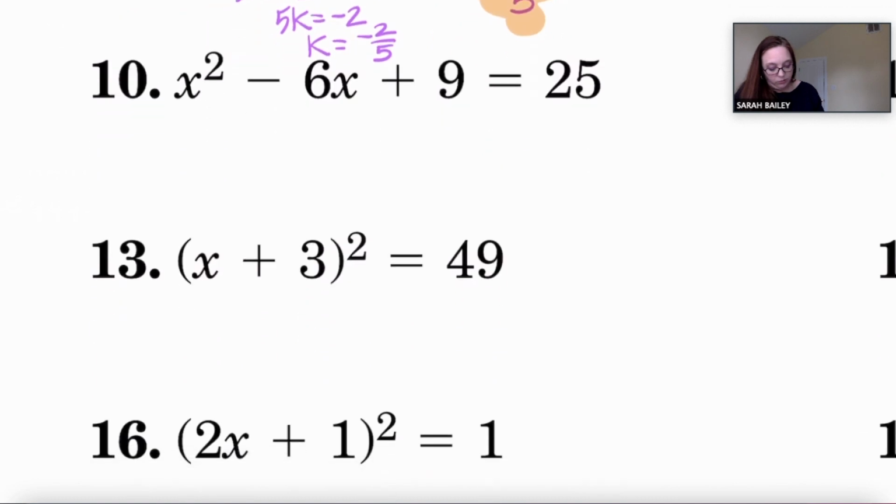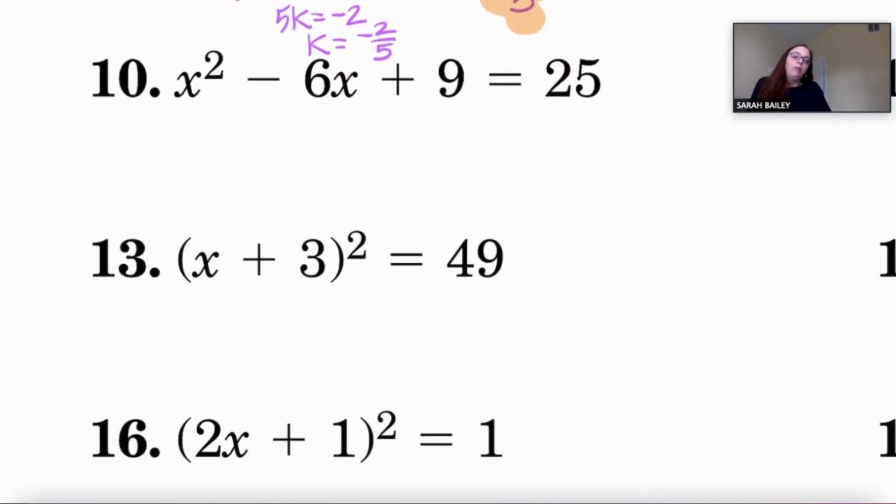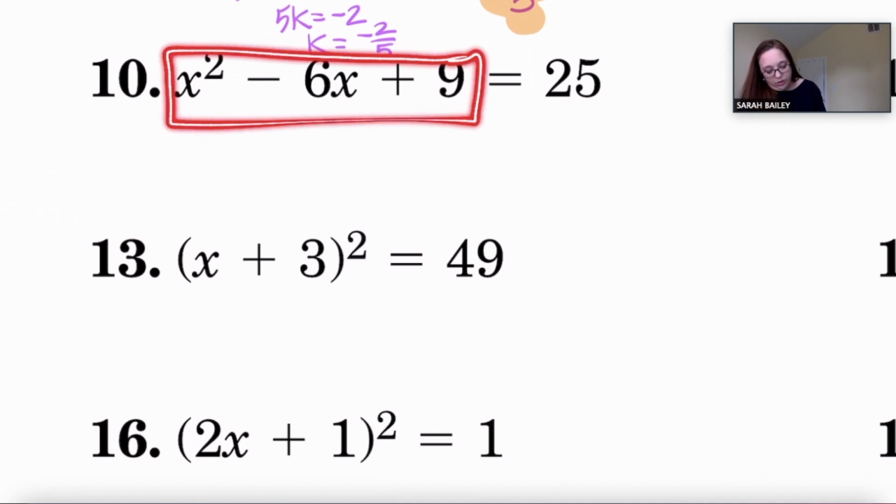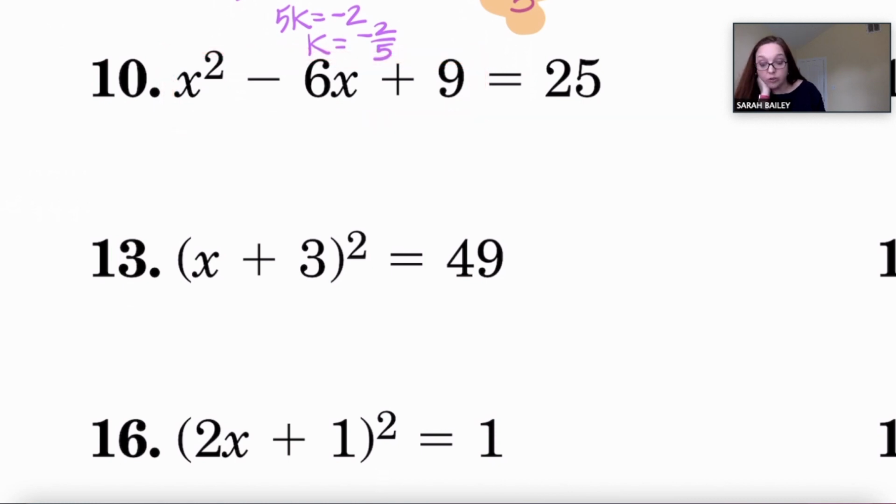Now, 10 is different because that one is not equal to 0. It's set equal to 25. But look at this side right here. This side right here is a perfect square trinomial. So we don't need to worry about subtracting 25 on both sides and then trying to factor it. This is the same as x minus 3 quantity squared. So if I take the square root of both sides, I end up with x minus 3 equals plus or minus the square root of 25.